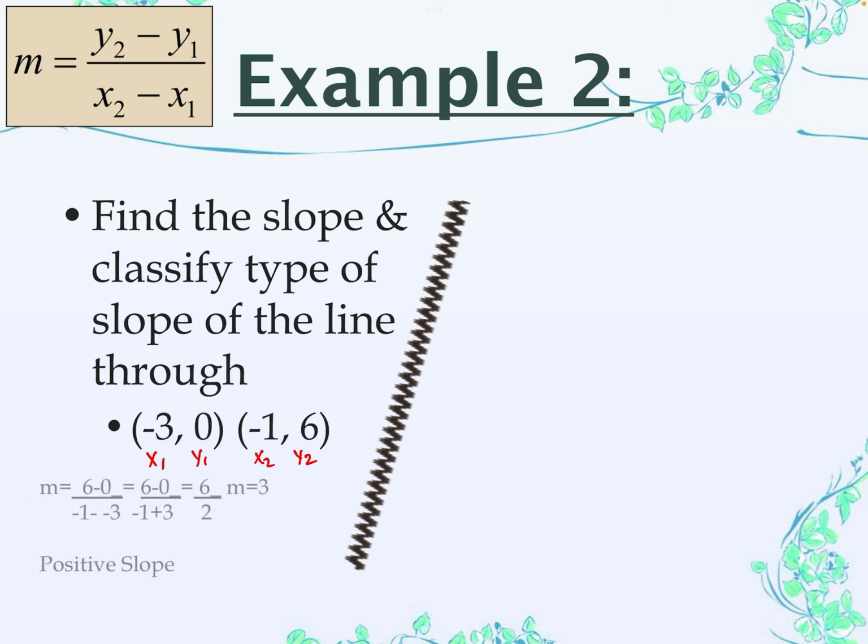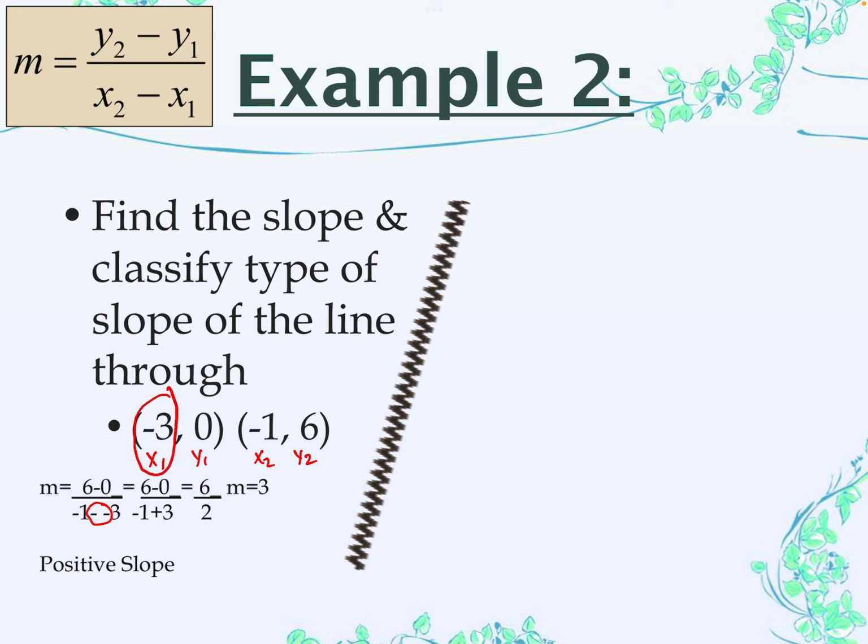So we want to plug those values now into our slope formula. When we do that, 6 minus 0. We're subtracting our y values. Over -1 minus -3. This is where we need to be careful. We have a double negative because we're subtracting this x1 term.